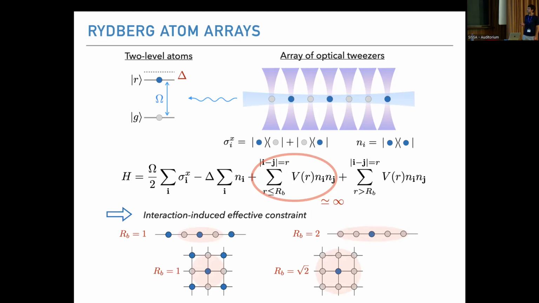And this essentially gives rise to a constrained many-qubit system, which can be put on 1- or 2-dimensional setups. And it essentially prohibits the simultaneous excitation of two Rydberg atoms. If you want, you can think of this just as spin up and spin down. So you can't have two spin up within the blockade radius, and this gives a constraint to the states which matter for the dynamics and the ground state of this Hamiltonian.